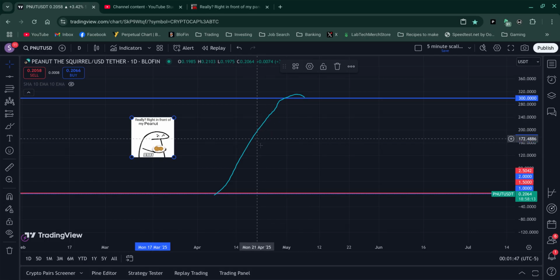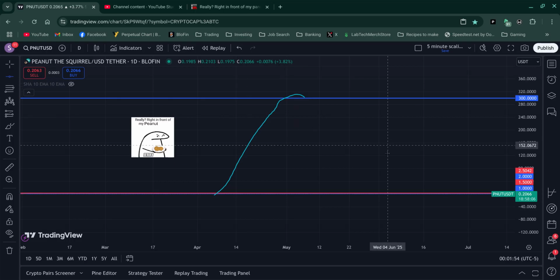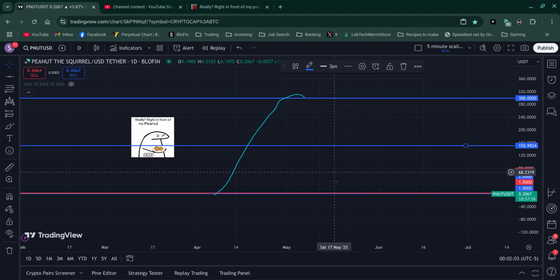And so Jerry will have bought $3 worth of peanuts over the course of this whole thing, but he will have bought those at an average price of roughly $150 per peanut. So what that means is that at the end of this grid, Jerry will have made, in terms of the profit on his actual buying and then selling just on this move, a 100% return on investment, which is great.